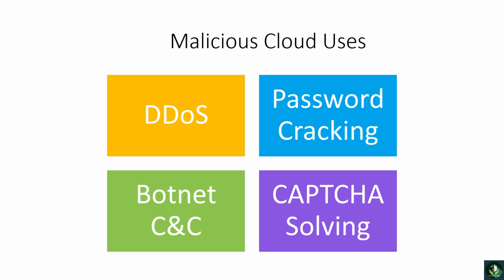So that wanted to, and the attackers that wanted to use the cloud to break other people's security. So let's have a look at another malicious use: a command and control server in a botnet.